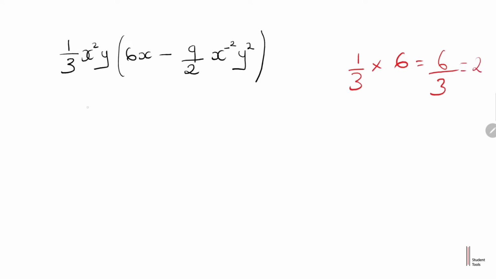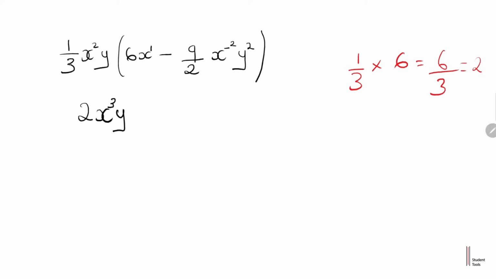That means we have a 2 multiplied with x squared multiplied by x. Because we are multiplying, we will add the indices. Here we have x to the power 1, so we will have x to the power 2 plus 1, that's 3. And then we bring down this y.